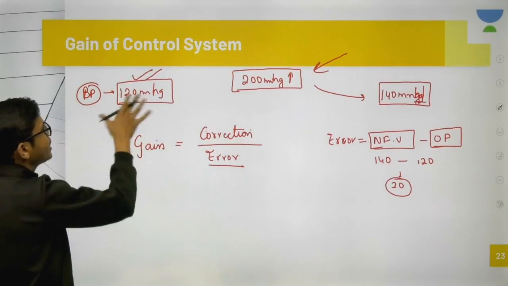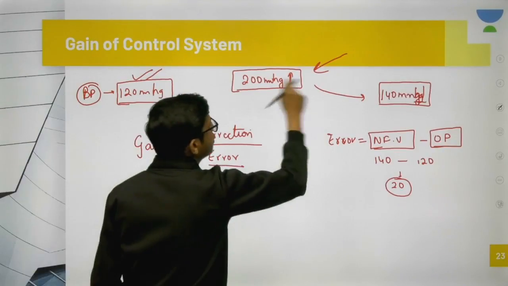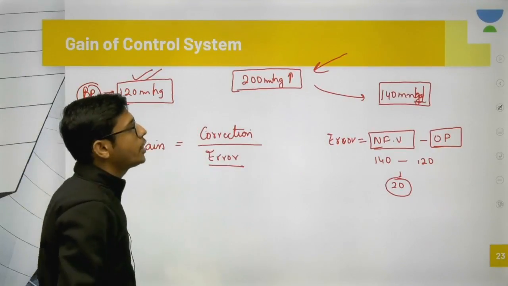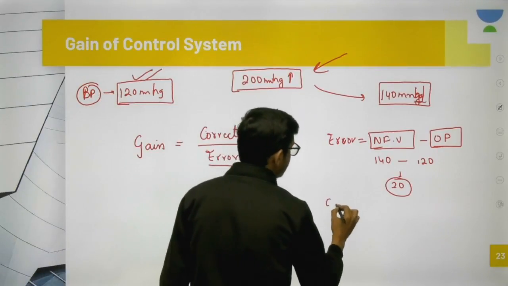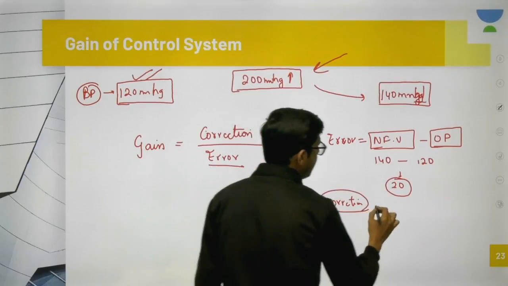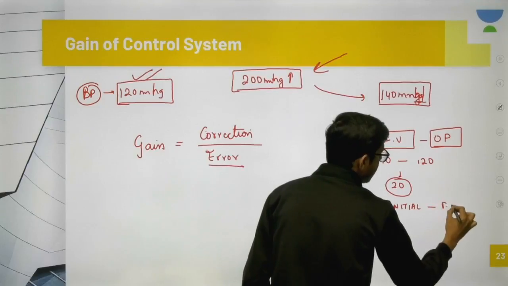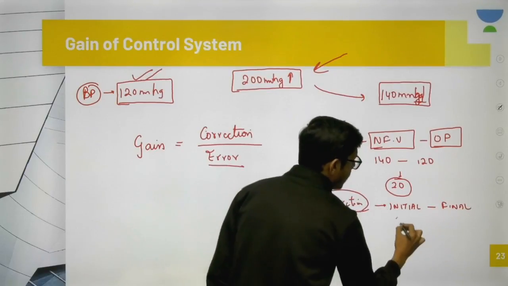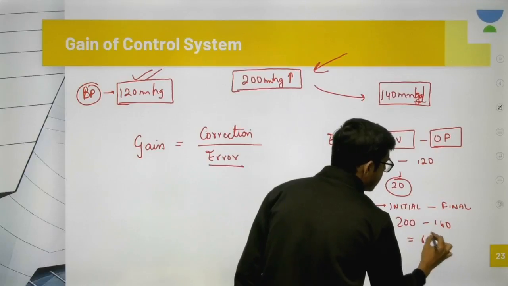Correction: how much correction did it do? It went from 200 to 140. So correction is initial level minus final level. So that is 200 minus 140, which is equal to 60.